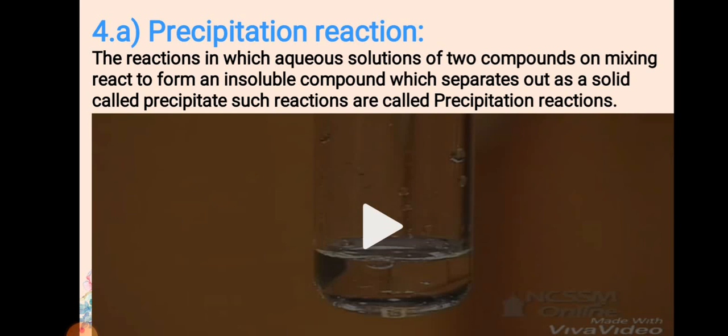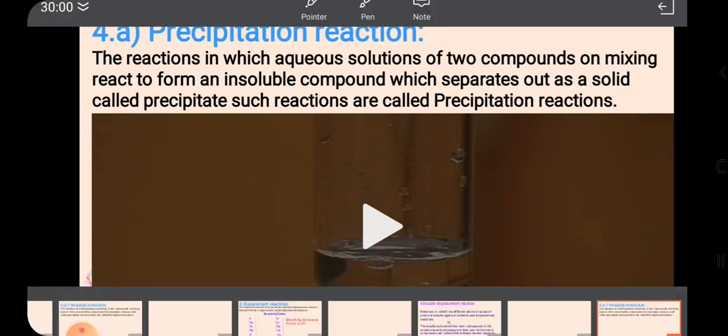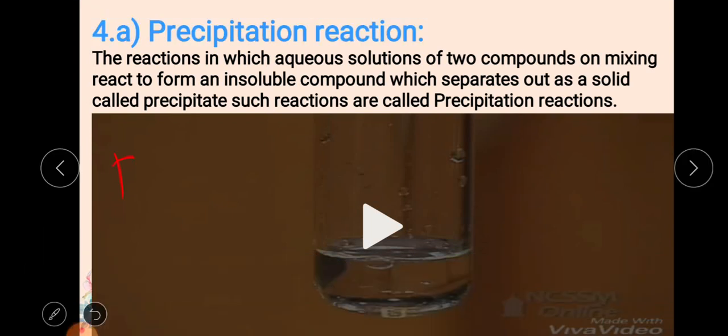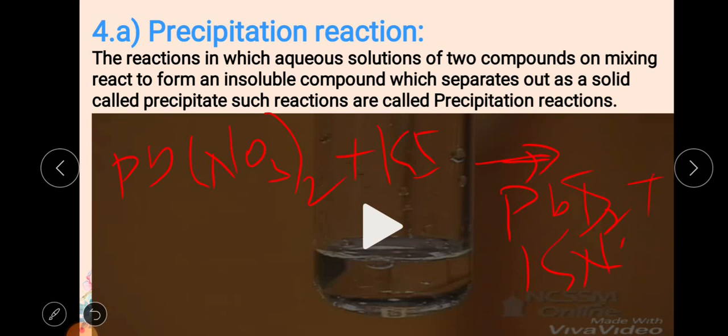See, in the previous video we saw that lead nitrate, Pb(NO3)2, reacts with potassium iodide. Here we got a yellow precipitate of lead iodide, PbI2, plus potassium nitrate, KNO3.